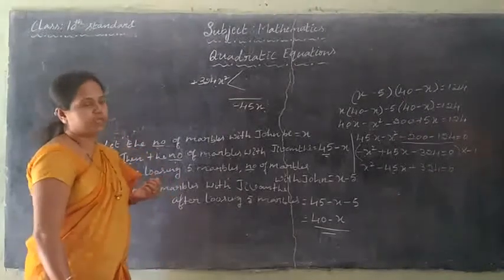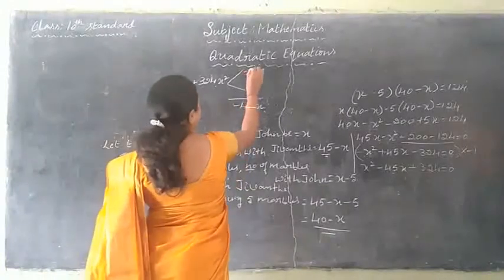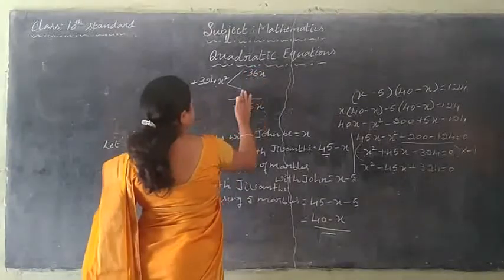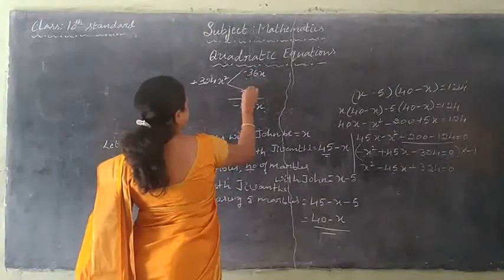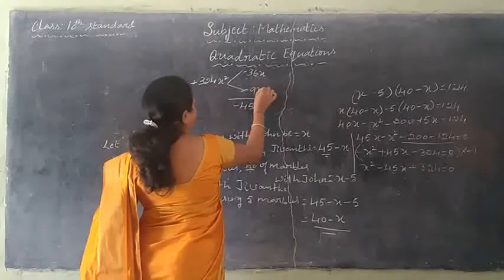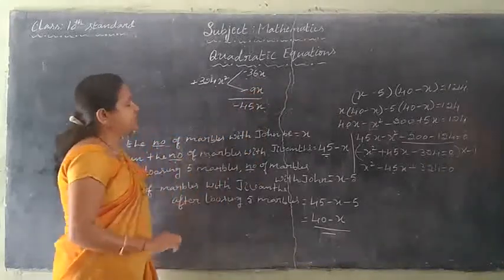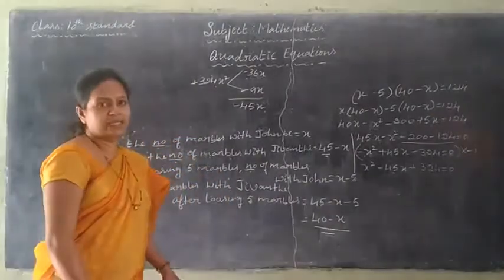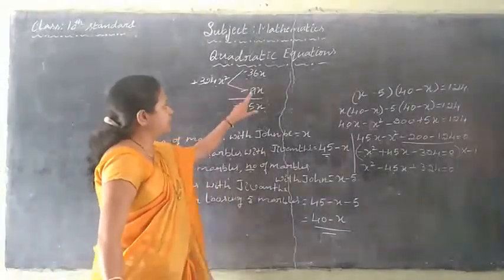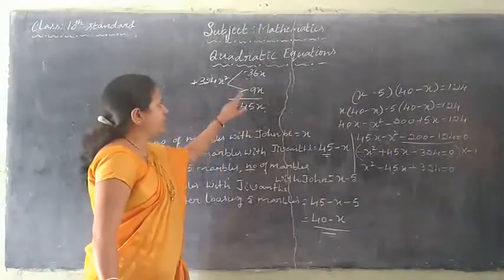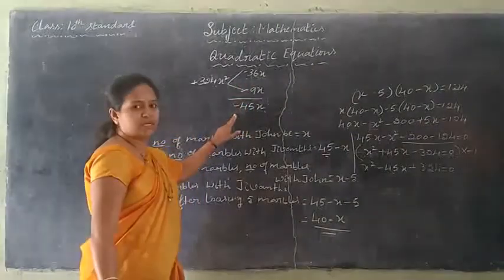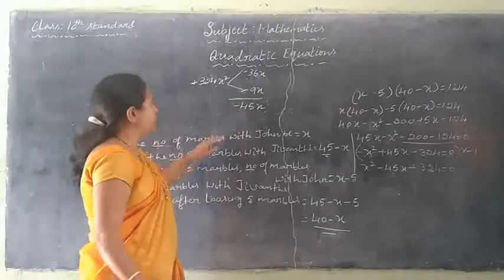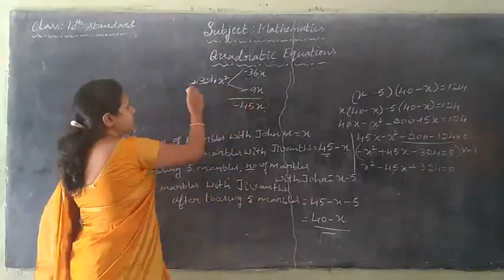Okay. Which are the two numbers? See here. Minus 36x and minus 9x, children. Add the two numbers. 36 plus 9 is 45. Both the numbers have a minus sign. So write a minus sign. Here also minus into minus is plus.